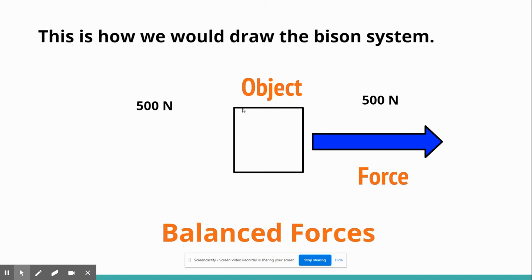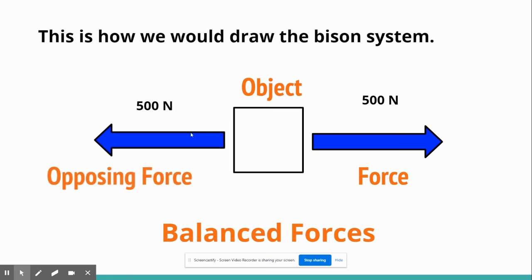So there's a box. If I was going to represent that bison system, in other words, what's going on, I would just draw a lovely little box right there. And I would draw an arrow this direction with 500 newtons. And then I would draw an arrow that is equal in size and opposite, 500 newtons to the left.